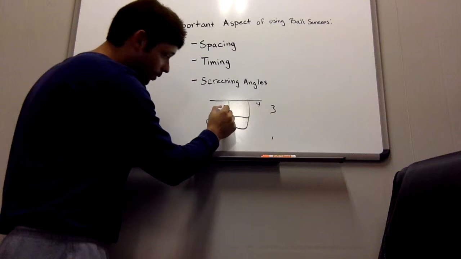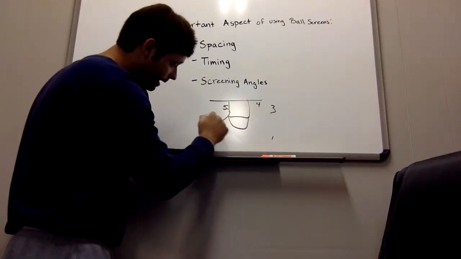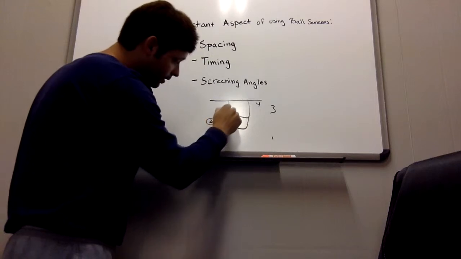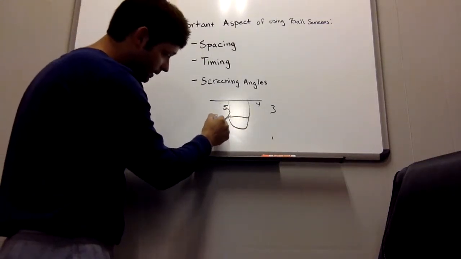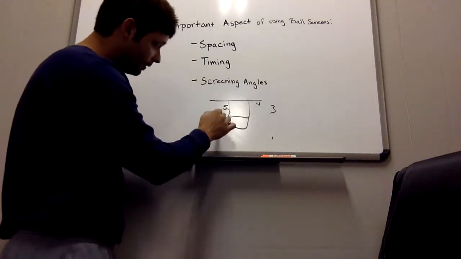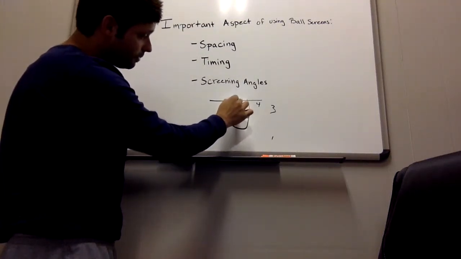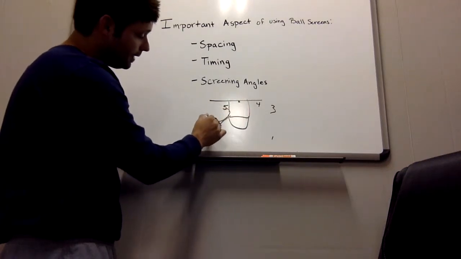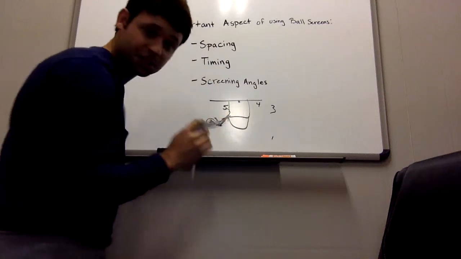Okay, it is so important that the angle of this screen allows the 2 to go downward. Okay, he should be set up in this ball screen to where his tail is facing almost towards the basket. Okay, and then it gives the 2 an angle to go off of it in a straight line.